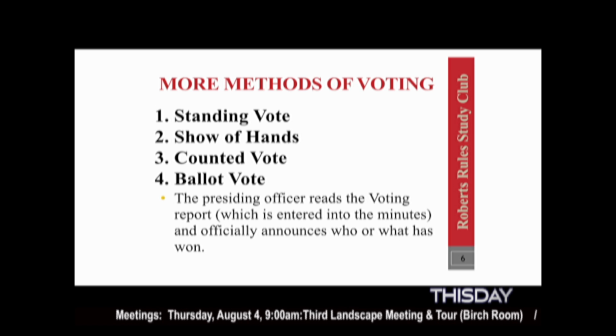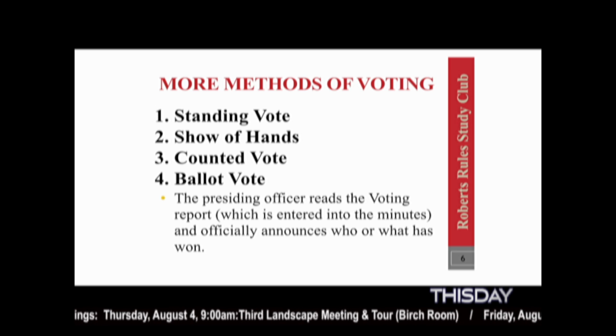Second is whenever the chair is not sure of the result of a voice vote, he or she can order a standing vote. And third, when you as a member reasonably doubt the result of a vote by voice or by show of hands, you have the right to demand the vote be taken as a standing vote simply by calling out division.